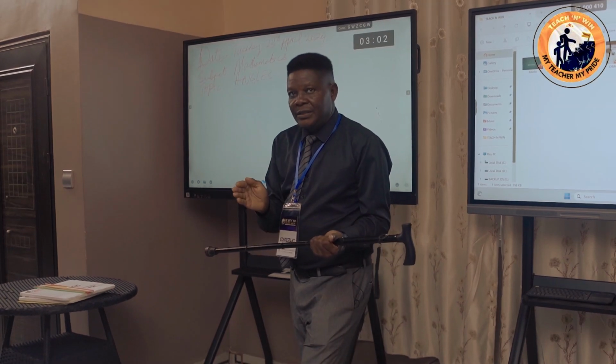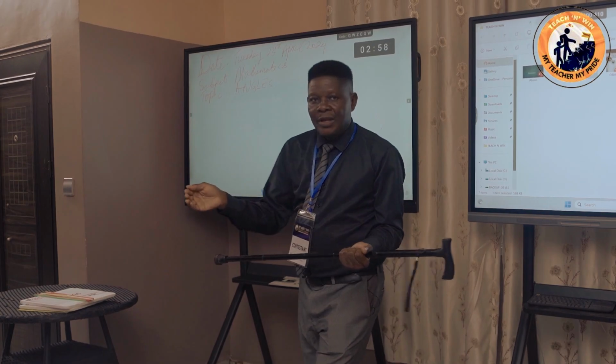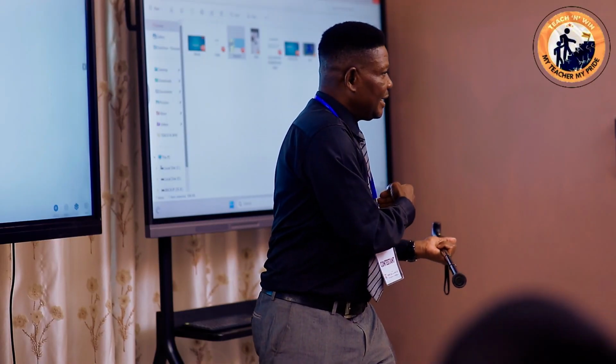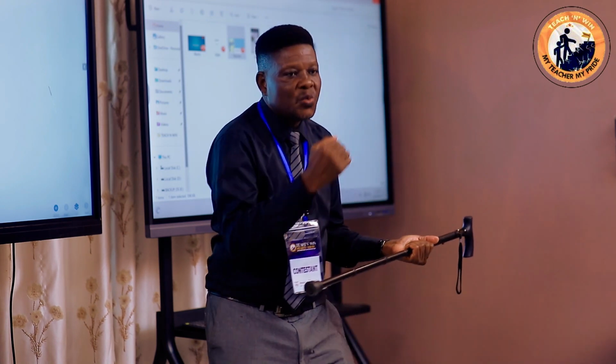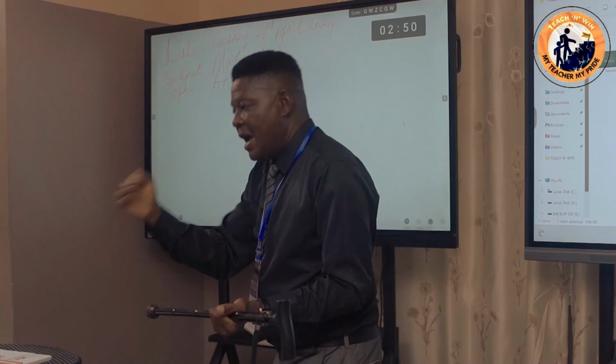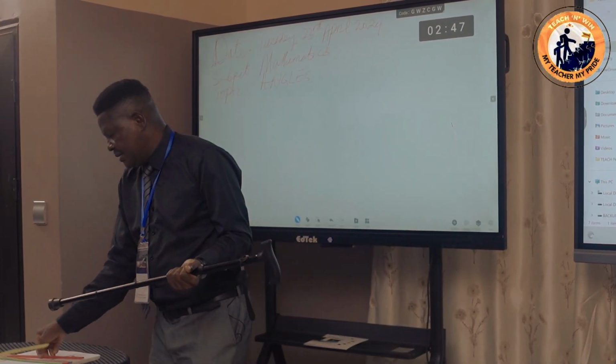Then you get to your house, the gate man opens the door, you turn and enter your premises. That turning is what is called angle. So in mathematics, we define angle as a measure of turning.